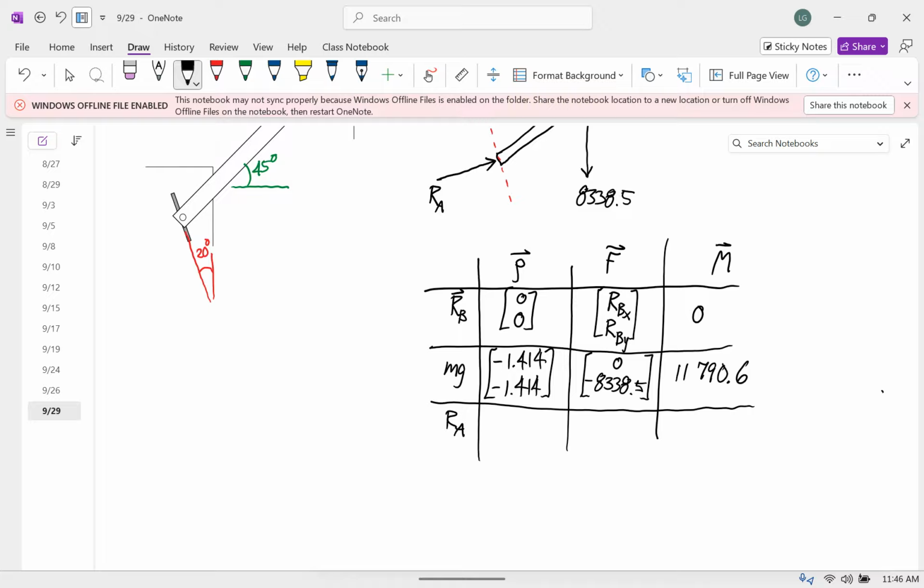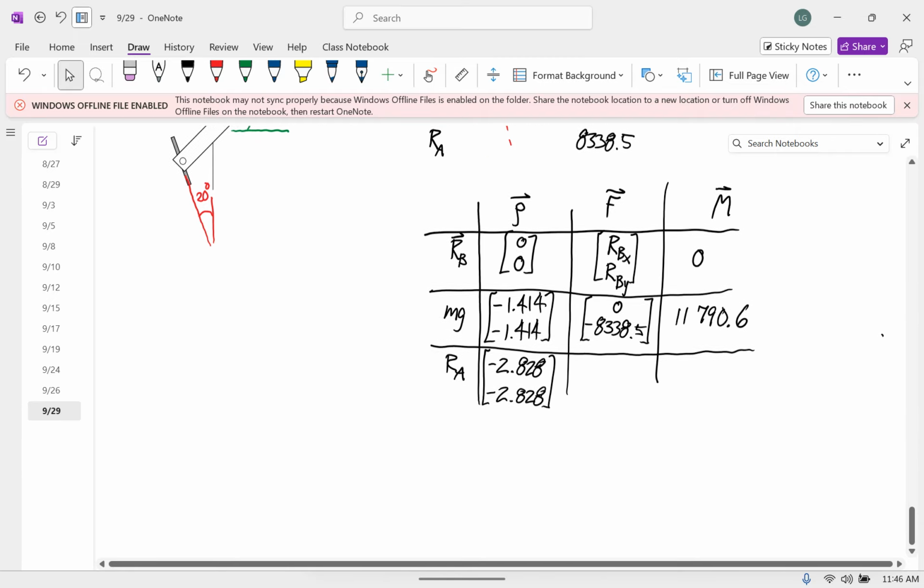So that's not too bad. That is negative 2.828, negative 2.828. But now we have to think about the direction of that force.